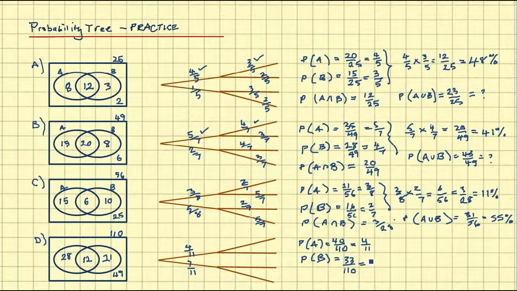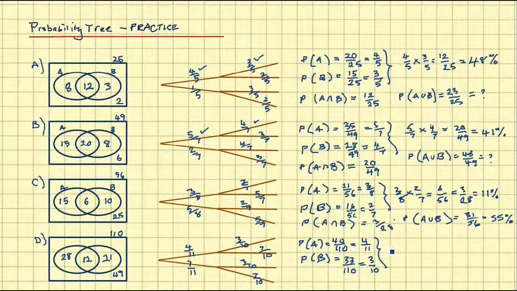Both are multiples of 11, so that's 3/10. So 3/10 on this branch, and on this branch 7/10. Assuming independent probability, the numbers must be the same here.